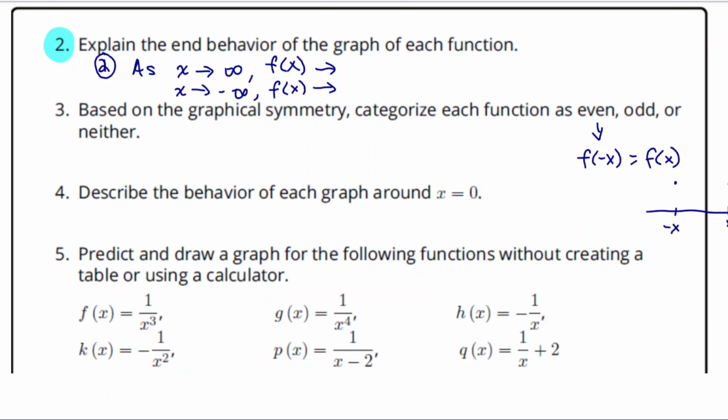Okay, they have the same y value. Okay, so f of x and f of negative x are equal. Okay, the odd function, that means that f of negative x equals the opposite value, negative f of x. And so again, if this is x and y axis, if here's x and here's f of x, then negative x, the opposite of that would be here.